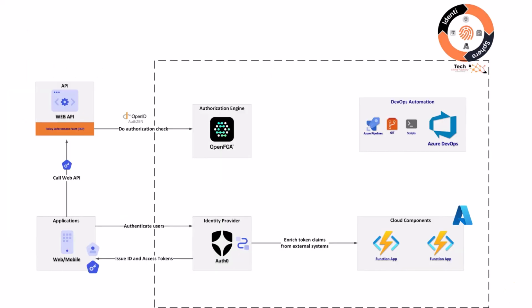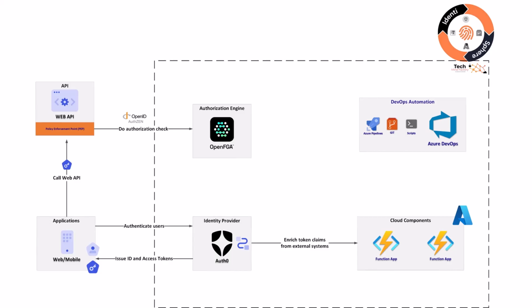The last thing I would like to explain here and present is solution architecture of IdentiSphere Platform. So first of all, as we can see, there is Auth0 used as an identity provider. And in Auth0, obviously, we use Auth0 actions to communicate with cloud components. So under cloud components, we can see that there are Azure functions deployed to Microsoft Azure Cloud.